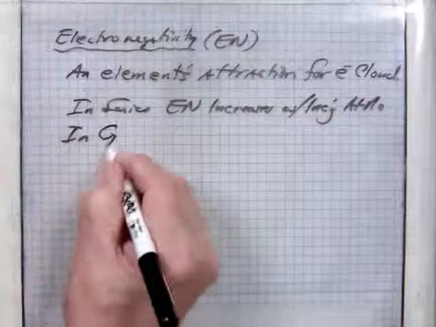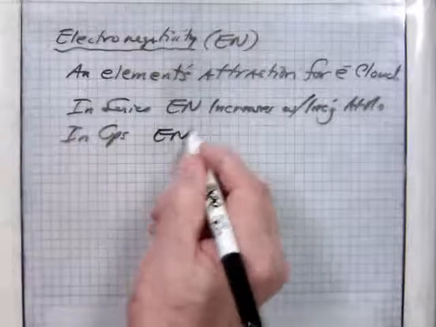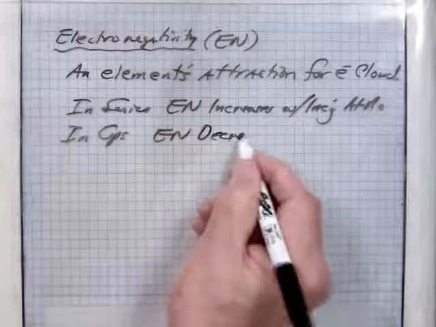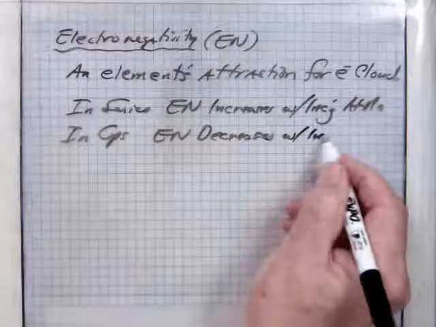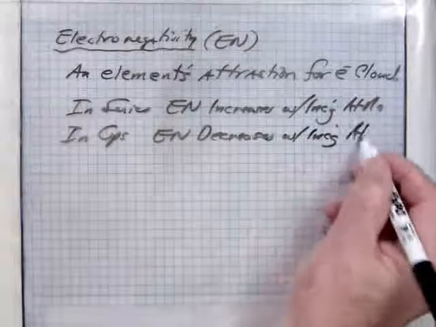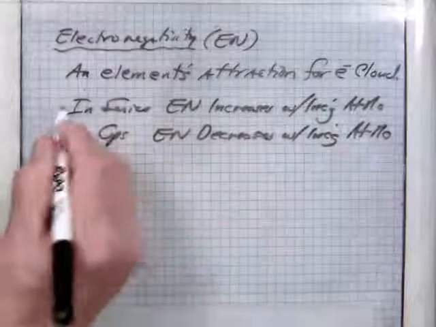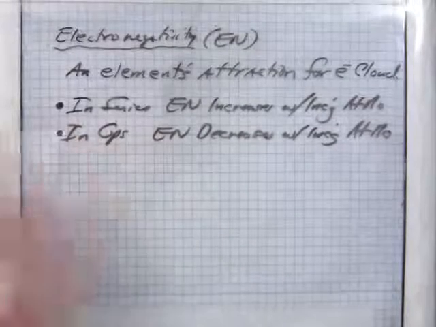In groups, electronegativity decreases with increasing atomic number. There's the rules.